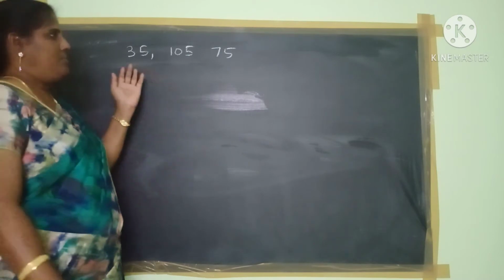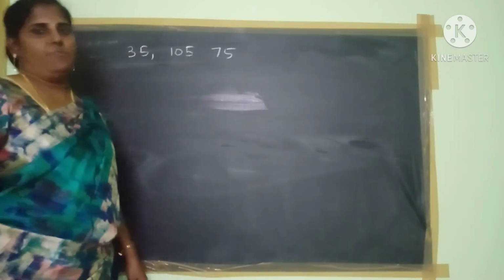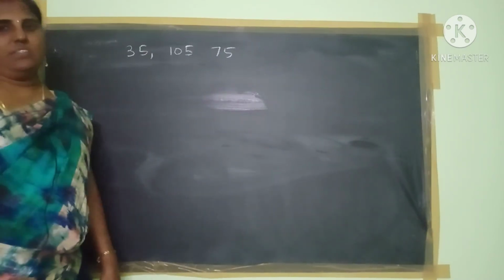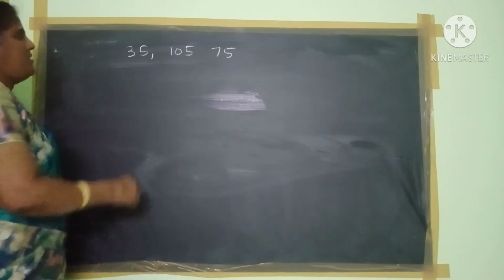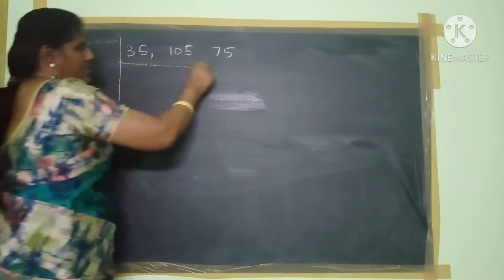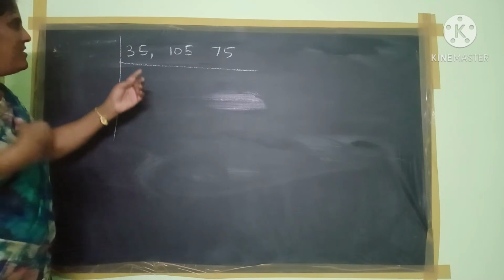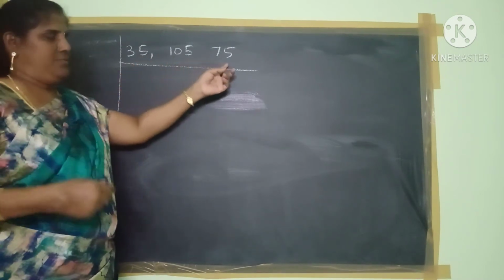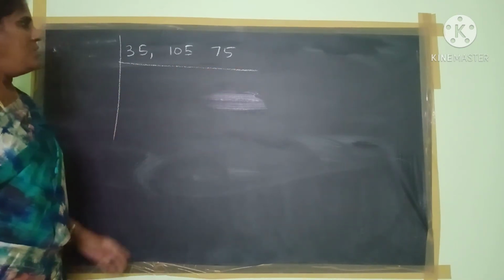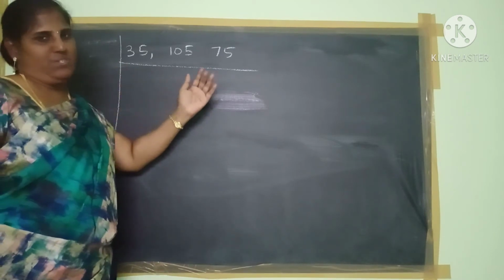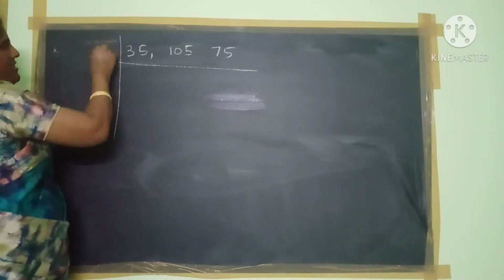If 3 numbers are given, how do we find the LCM and HCF? So now I am going to take the common divisor method. See, all the numbers end with 5. Yes or no? So they can be divided by the 5 table. So commonly I am going to take the 5 table.